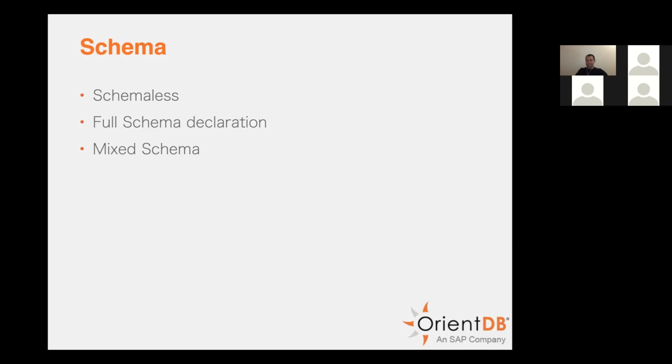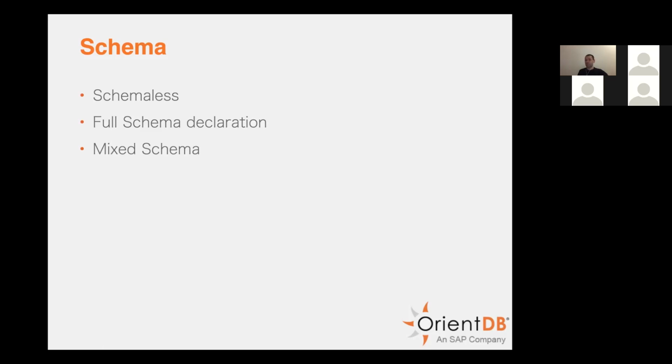We liked to have yet another concept in our data model. We didn't want to have collections. We didn't want to have tables. We didn't want to have that kind of data-only data structures.